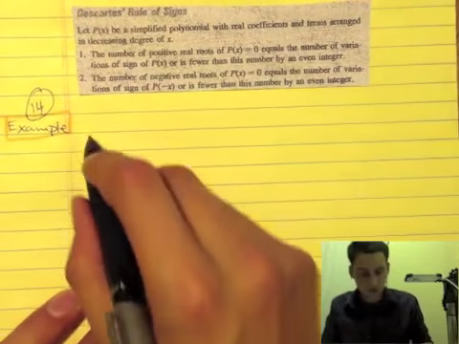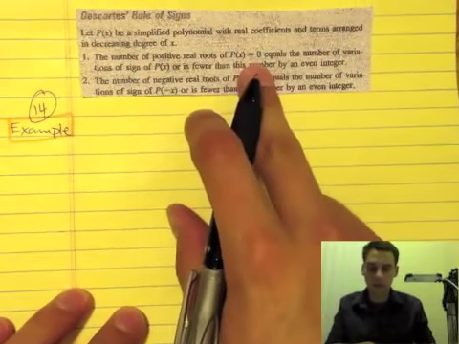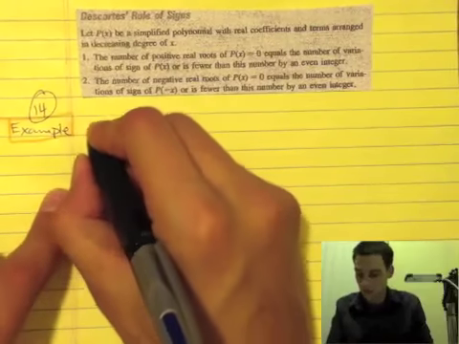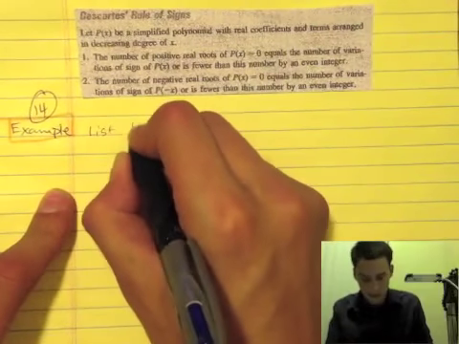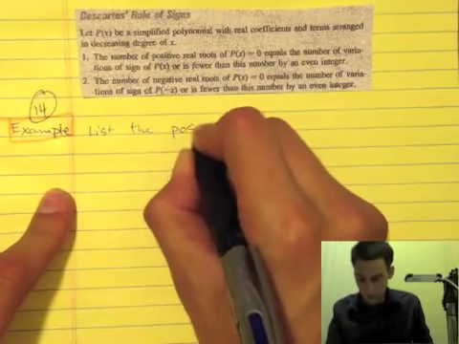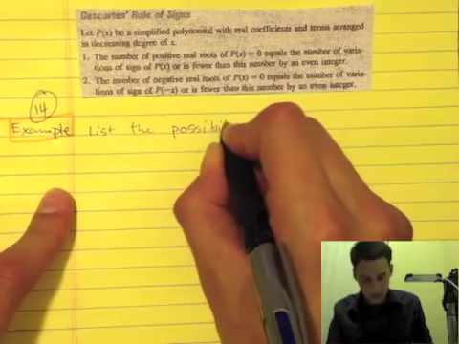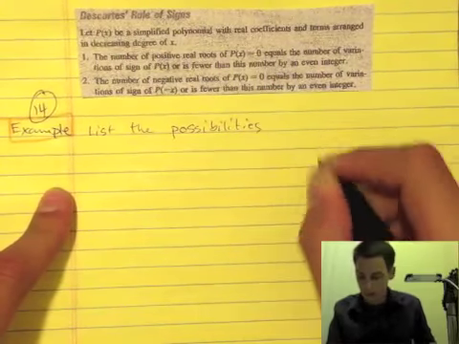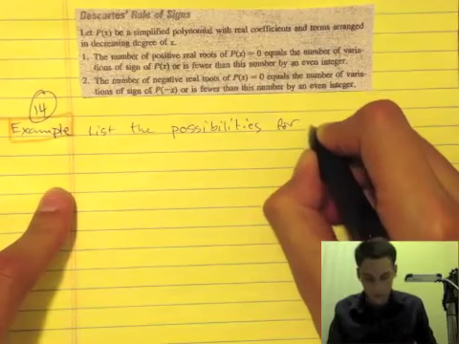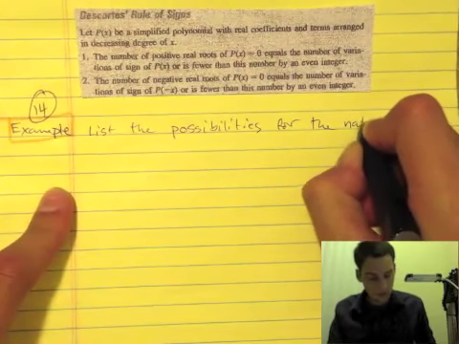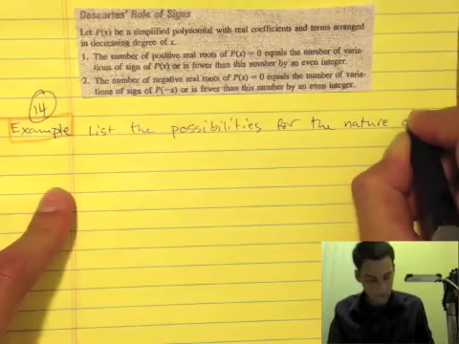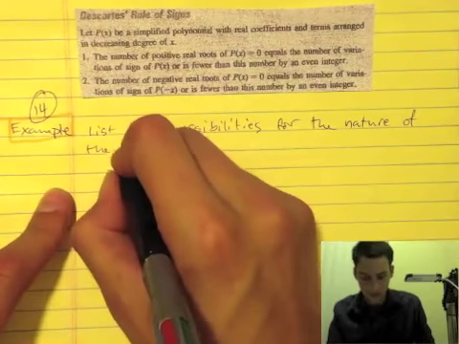The instructions for this example, and we will use these rules, will be: list the possibilities for the nature of the roots.